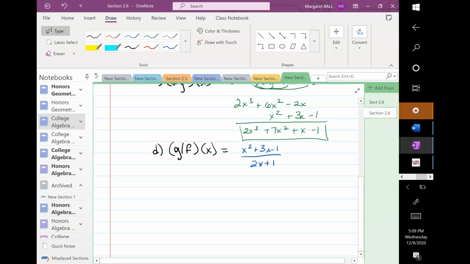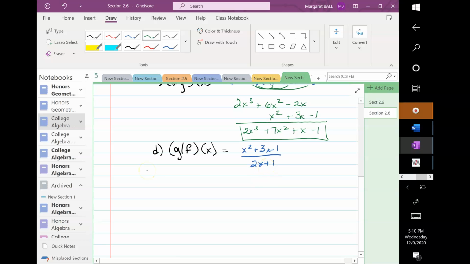There are two situations that you need to be concerned about with domain. One of them is when there's a fraction, because you can't ever have 0 in the denominator of a fraction, because that makes the fraction undefined. So you have to be careful that this denominator never becomes 0.